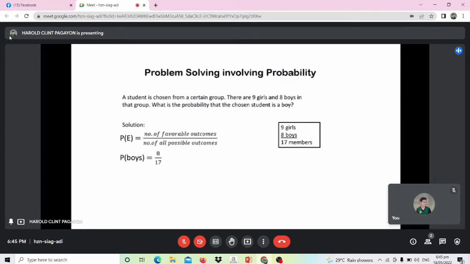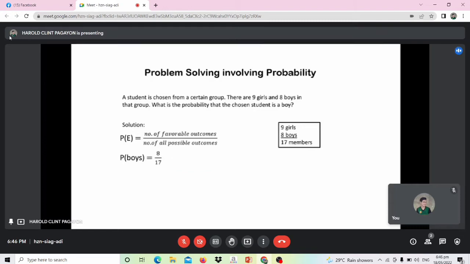So why does it become 8 over 17? It becomes 8 because we are looking for the probability of the boys. So that's our number of favorable outcomes, all over the number of all possible outcomes, which is the total members, 17.